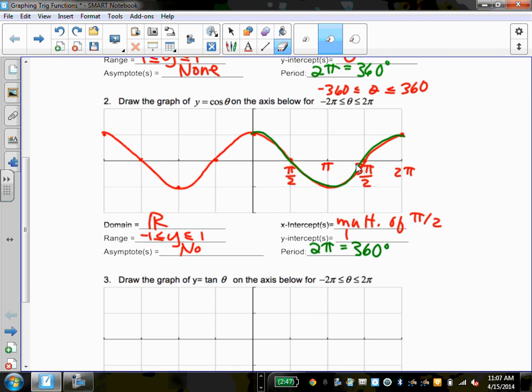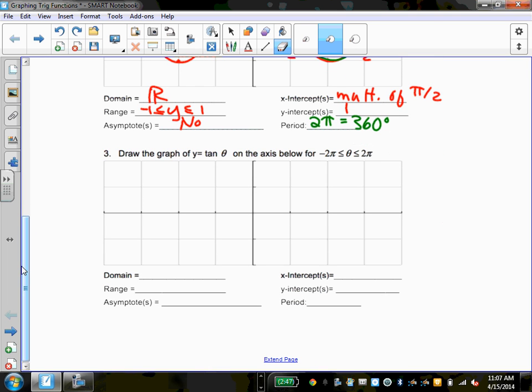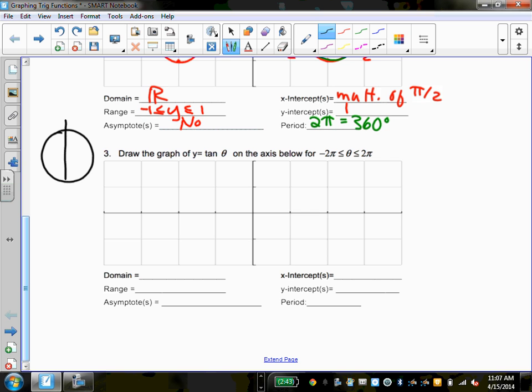Now you're probably wondering what the tangent graph looks like. Tangent's kind of an oddball. Let's go back to our unit circle. Remember that tangent is y over x. So when I take my points on the unit circle and divide y by x, I will get my values of the tangent.